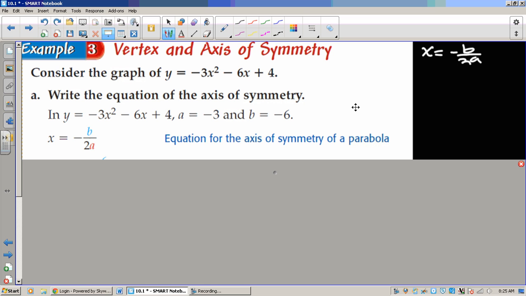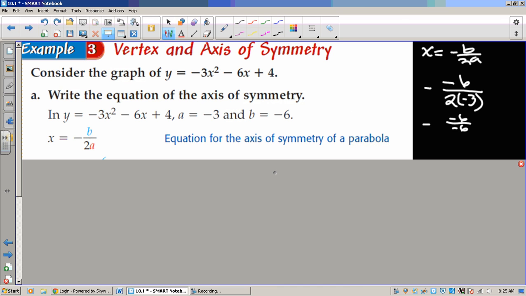That's the same thing as when we were multiplying to AC and adding to B. A, B, and C are still the same. It's always negative b over 2a. So negative 6 over 2 times negative 3, that's negative 6 over negative 6.